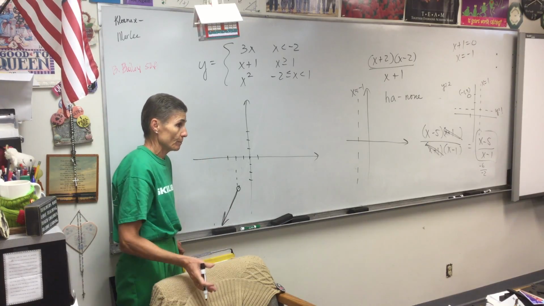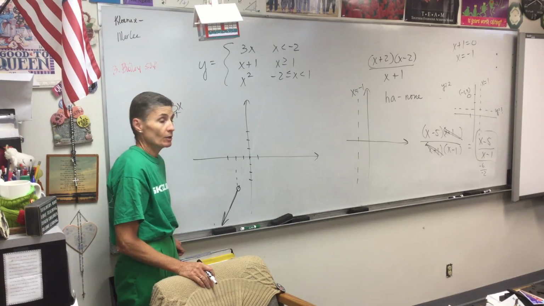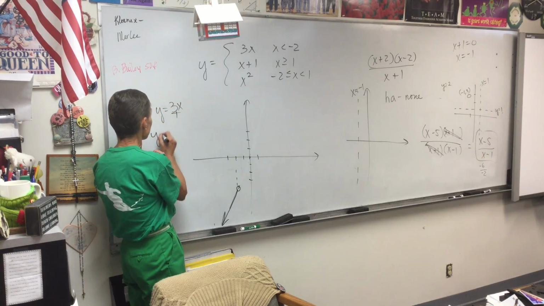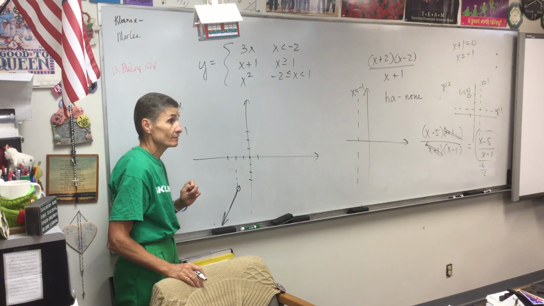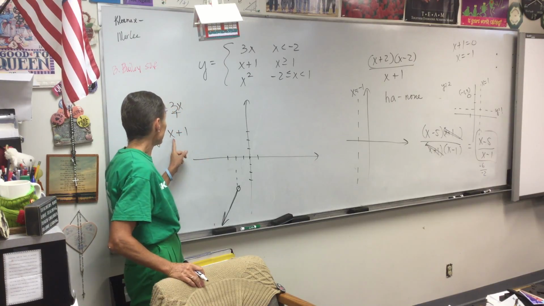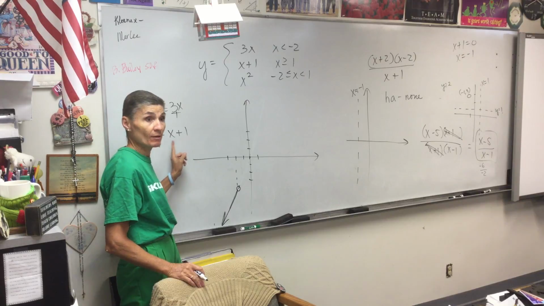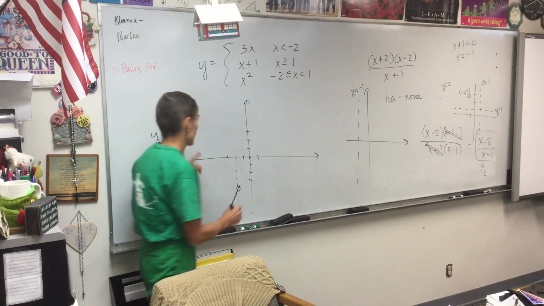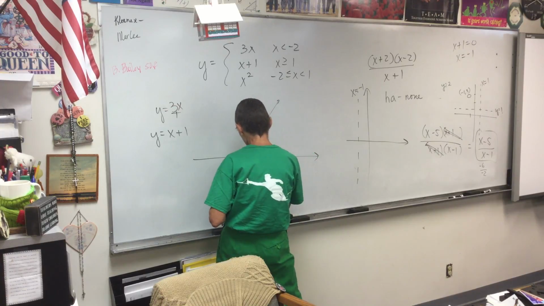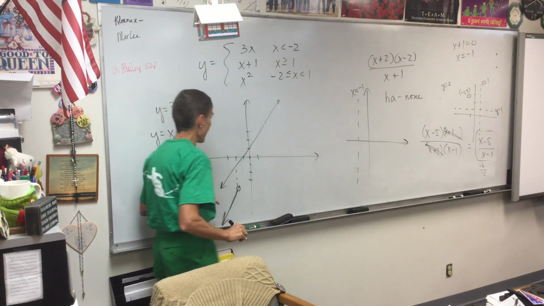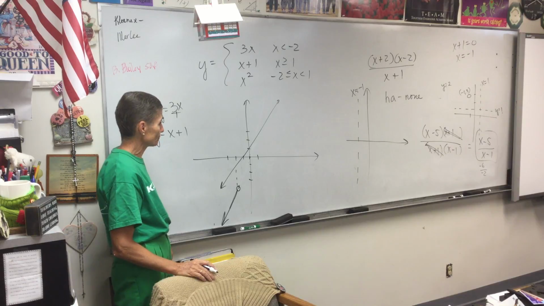All right, then I go to the next line and say y equals x plus 1. What's that? It's the identity moved up one, so it's another line. It's going to look like that if I graph the whole thing.